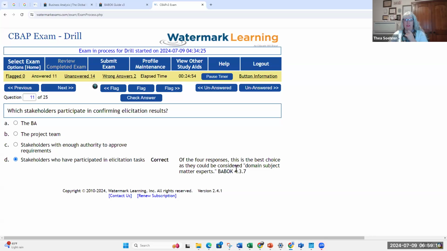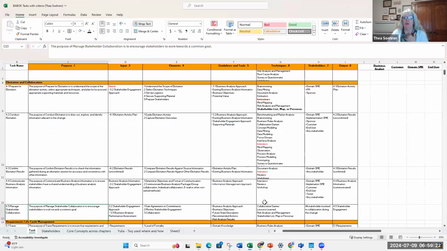These people could be considered domain subject matter experts. I'm going to show you, this is my spreadsheet that I've shown you over and over. So the domain SME or any stakeholder, that question is kind of weird because it's like, what do you mean people with enough authority? Anybody who is giving you an elicitation, who is giving you requirements, has authority to confirm it, right?